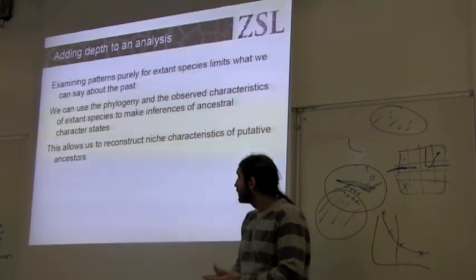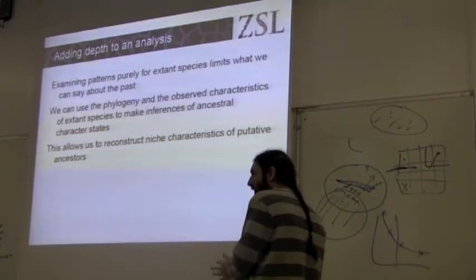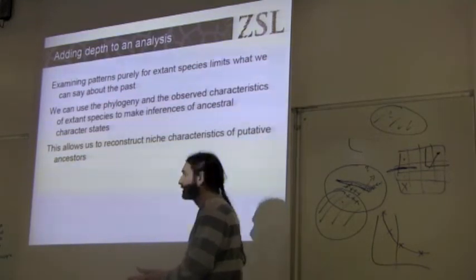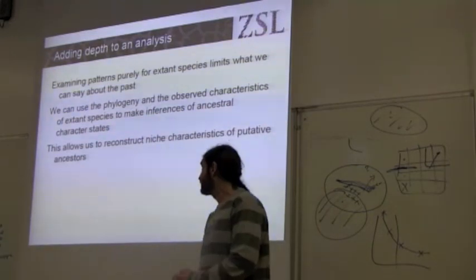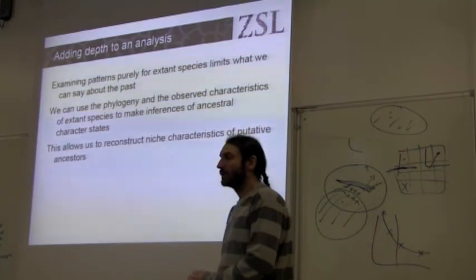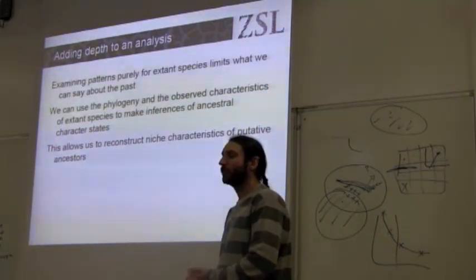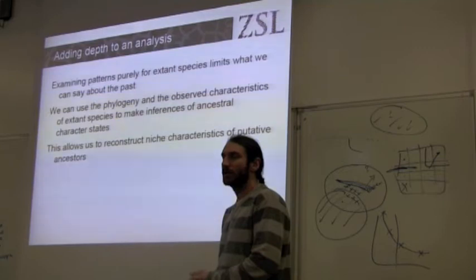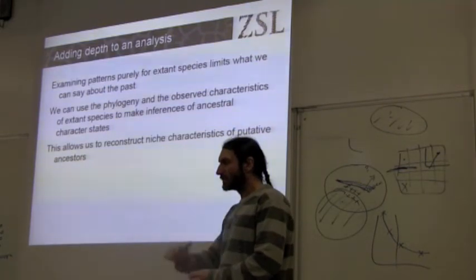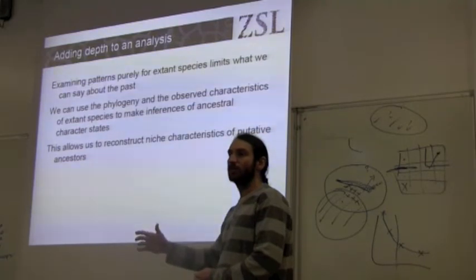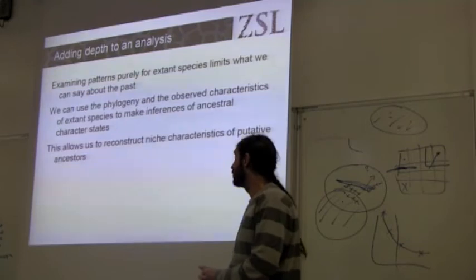Okay? So we can use this to make inferences about ancestral character states using ancestral character state reconstruction. And this reconstruction can hopefully tell us something about the ancestral niches and where adaptations to different climate regions have happened in the evolutionary history of our organisms.